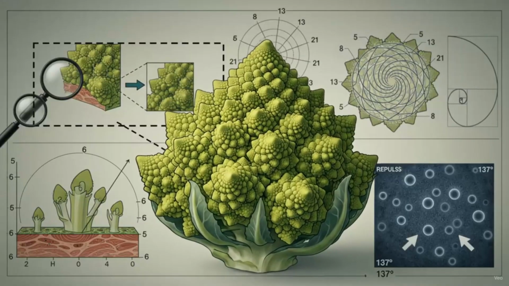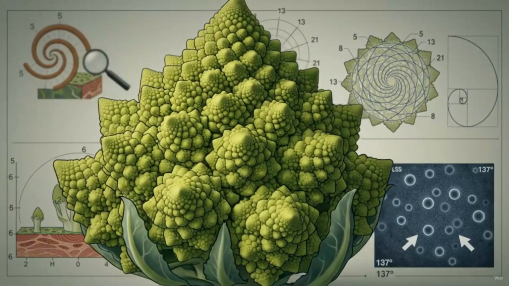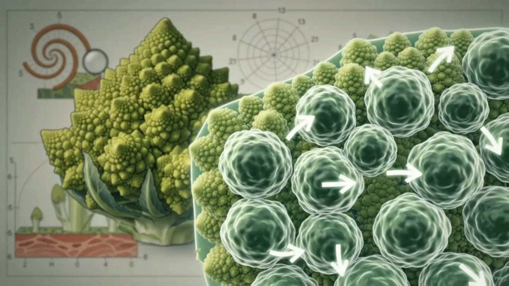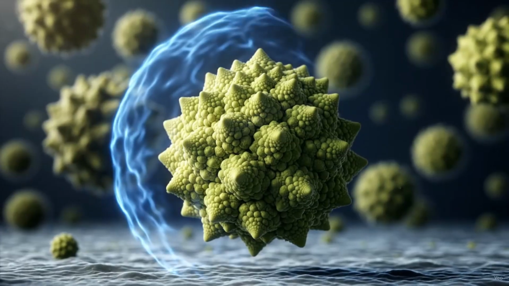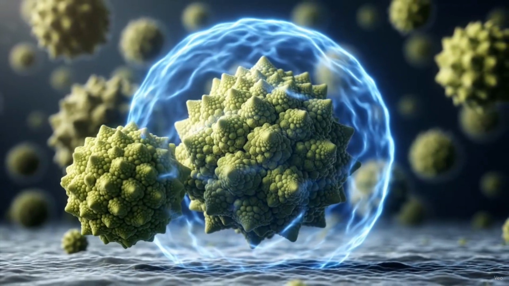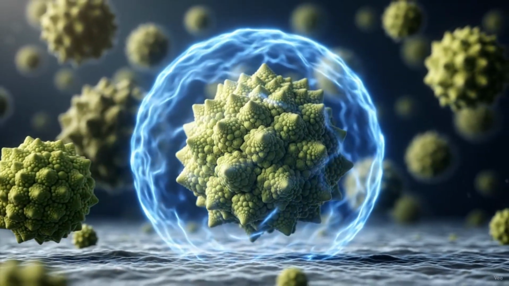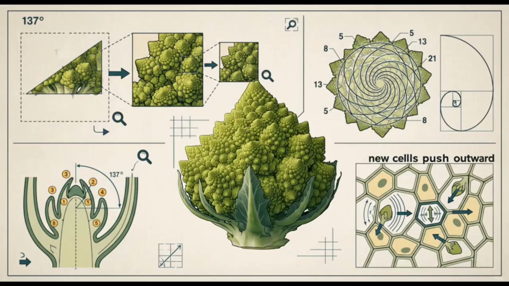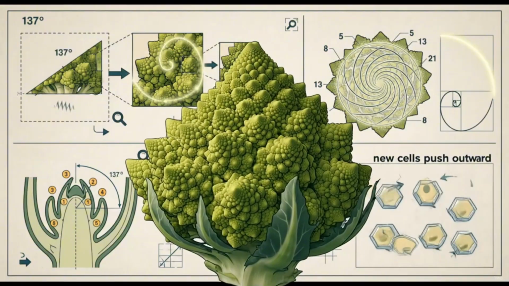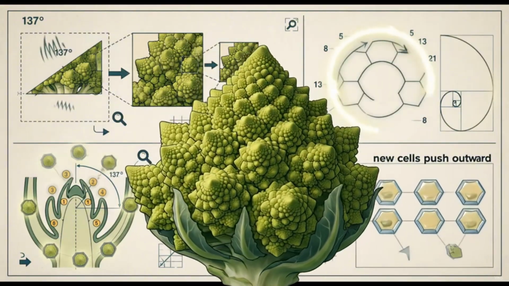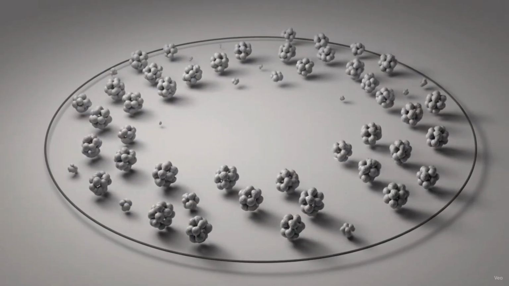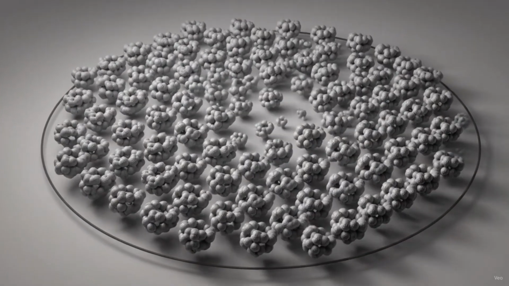As the growing tip of the plant generates brand new cells, each active cell acts as a powerful chemical inhibitor, pushing the next cell as far away as physically possible in a circular growing space.